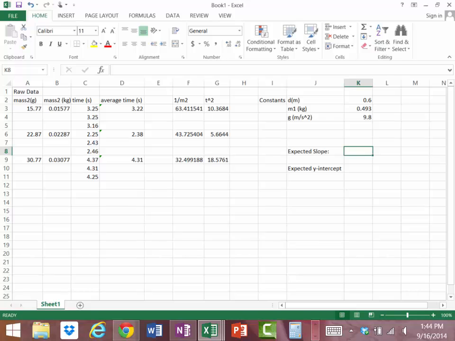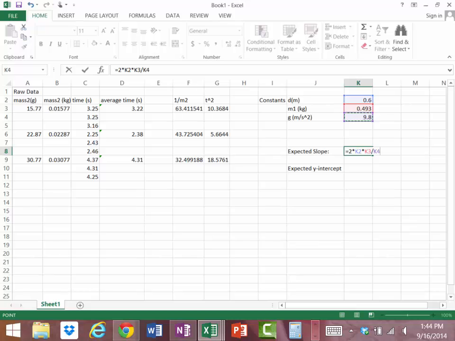Okay, this thing here in my equation, are you okay with that? So I'm going to type in equals 2 times value of D times value of M1 divided by G. It's right up here if you want to see what I did again.